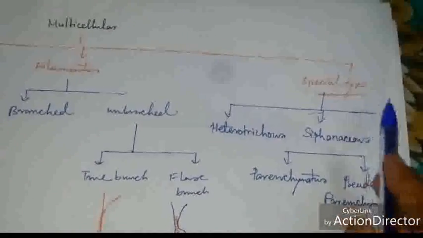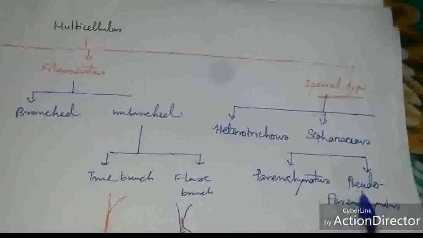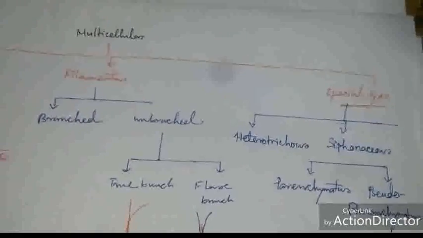So special type is divided into four types: heterotrichous, siphonoceous, parenchymatous and pseudoparenchymatous type algae.